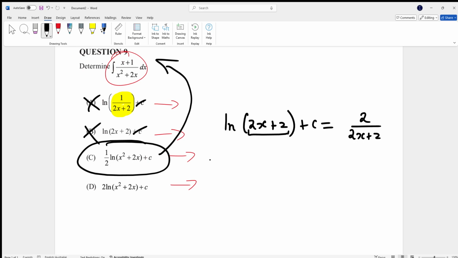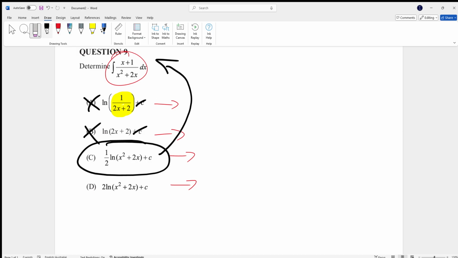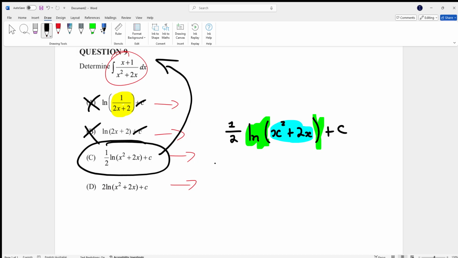So here we can double check that as well. So if I have 1 over 2 natural log of x squared plus 2x plus c, this is a chain rule just like the other examples, where this is your inside function, this is your outside function. So here, leave the half at the front.